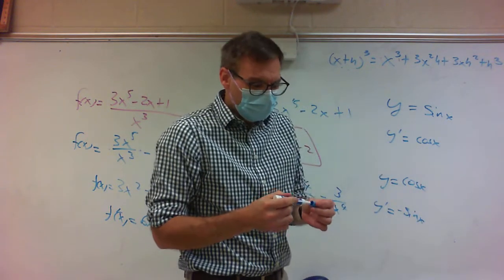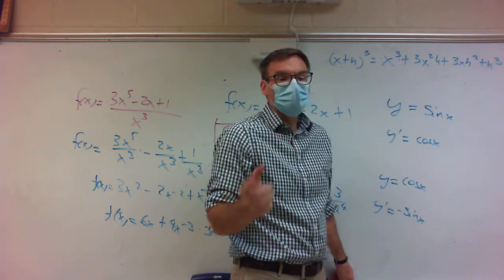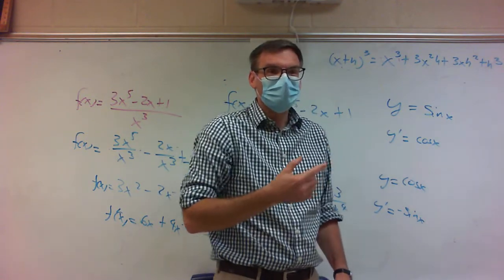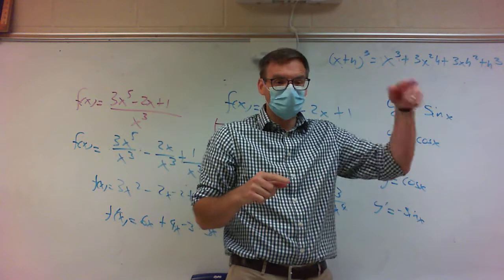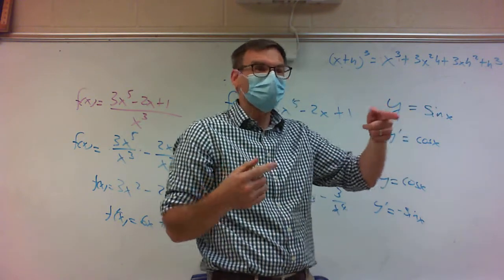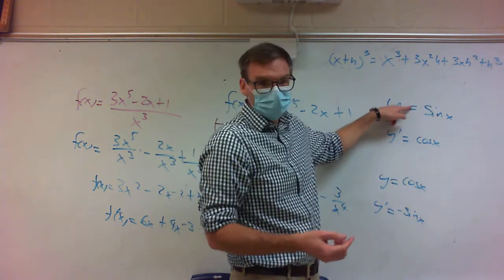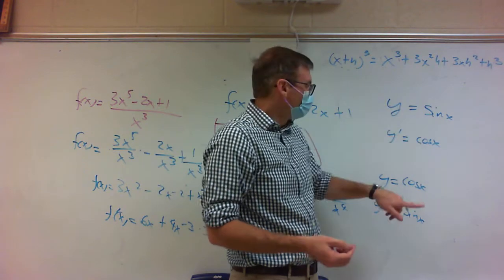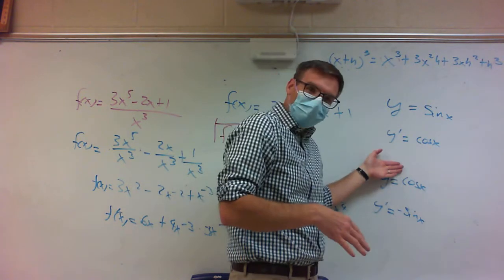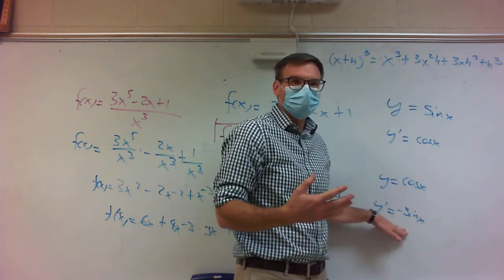I actually explained why with pictures a few days ago. I don't know if you remember those graphs. We had the graph of sine, and I wanted the derivative of the graph. You even told me that the graph of sine looked like cosine, and the derivative of the cosine graph looked like negative sine.